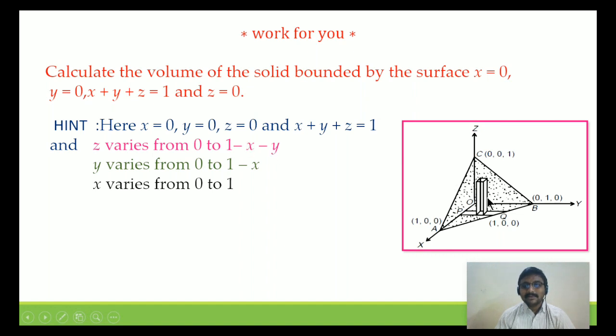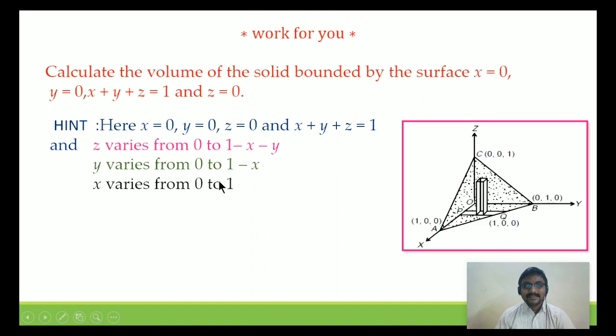The whole volume region in the xy plane gives a right angled triangle as the region. So the y limits, as PQ is a strip, are y equals 0 to y equals 1 minus x, and the x-axis ordinates are 0, 0 and 1, 0, so x varies from 0 to 1.